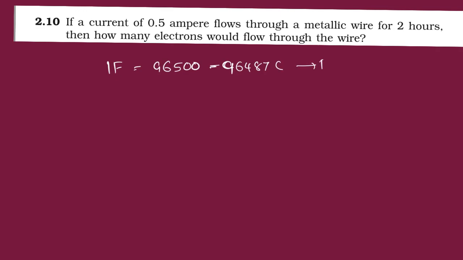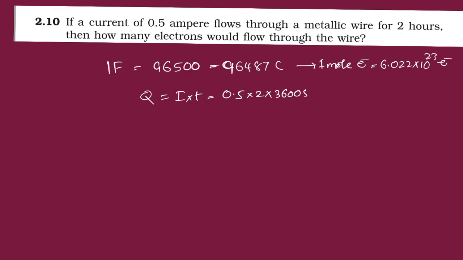This is for 1 mole of electrons, that is nothing but 6.022 into 10 power 23 electrons. So now we have the charge, that is I into T, where I is given as 0.5 and time is given as 2 into 3600 in seconds. Then ampere means coulomb per second, the seconds cancel, coulomb only.